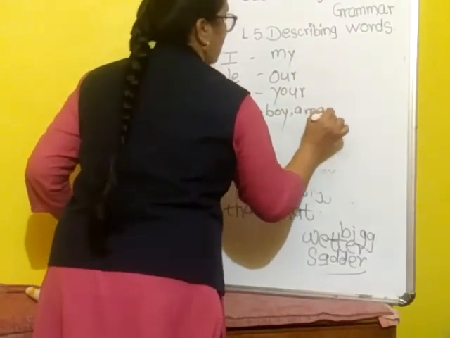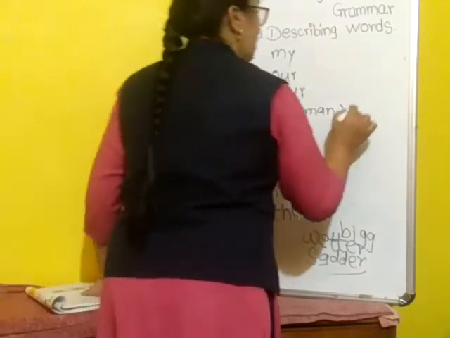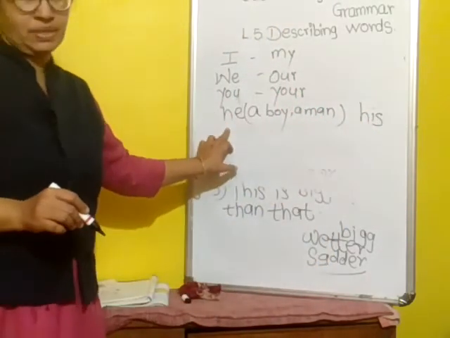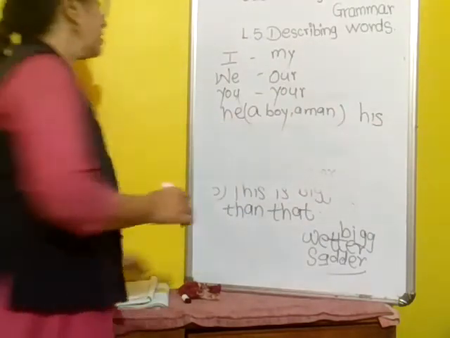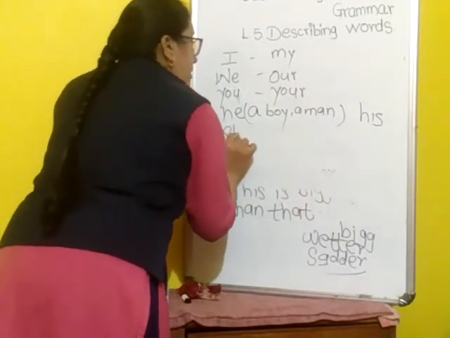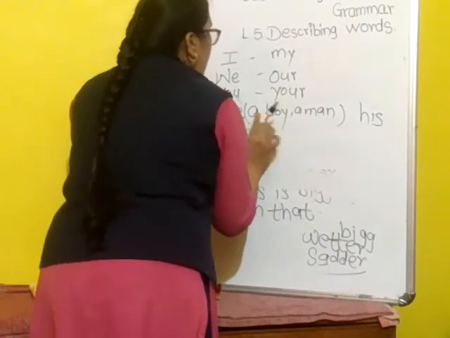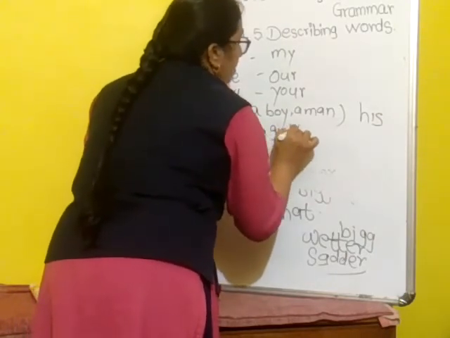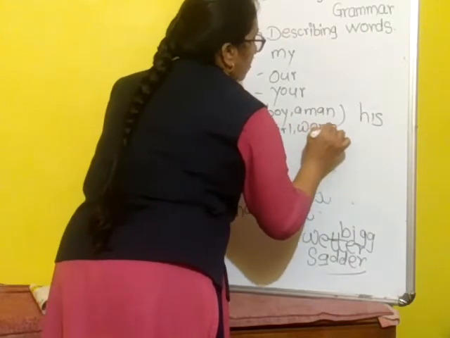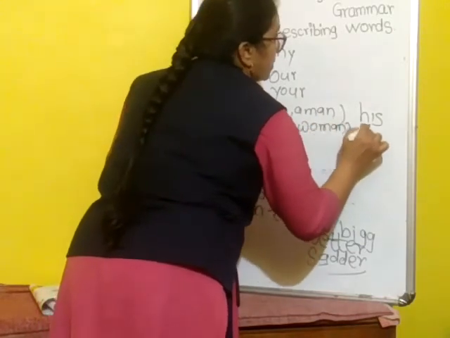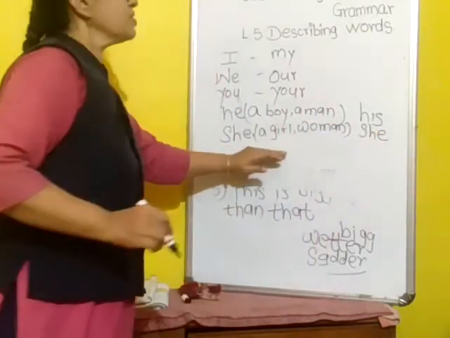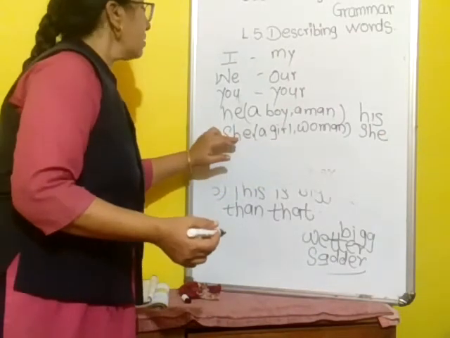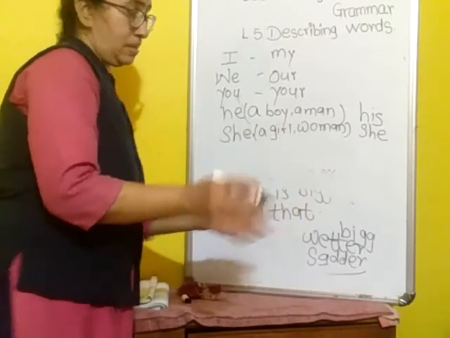You can use his. That means the gender should be masculine and singular. Then her, for a girl or woman, she. The condition remains the same here also. It should be singular. That girl or woman should be singular.